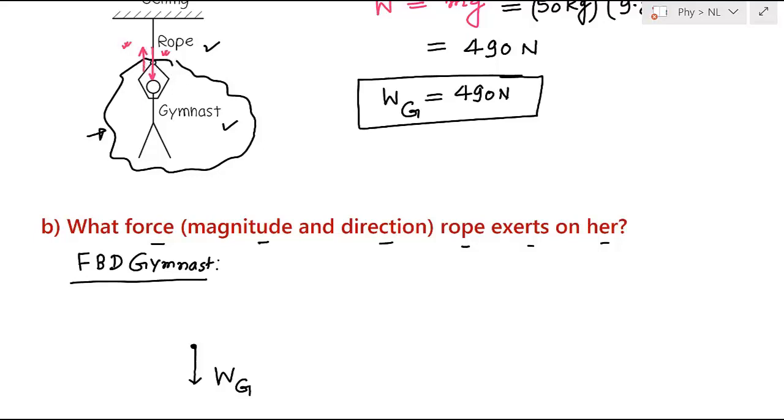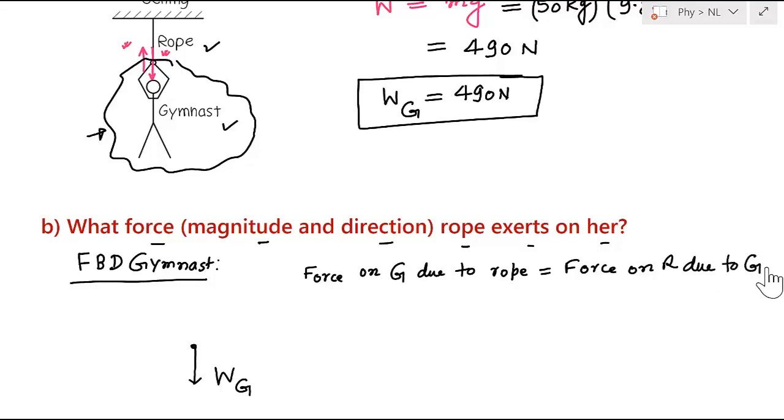In other words, I can say the force on the gymnast, G for gymnast, due to the rope is equal to the force on the rope, R for rope, due to the gymnast. So these two forces are equal.